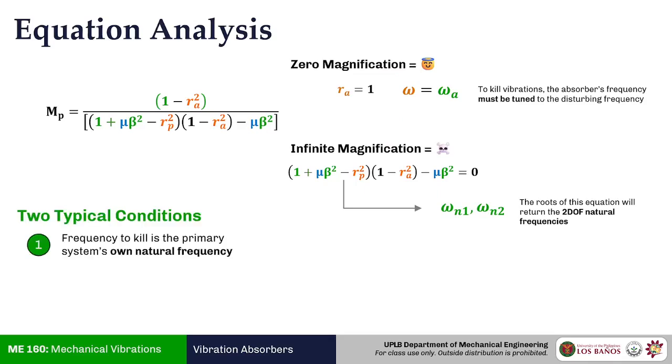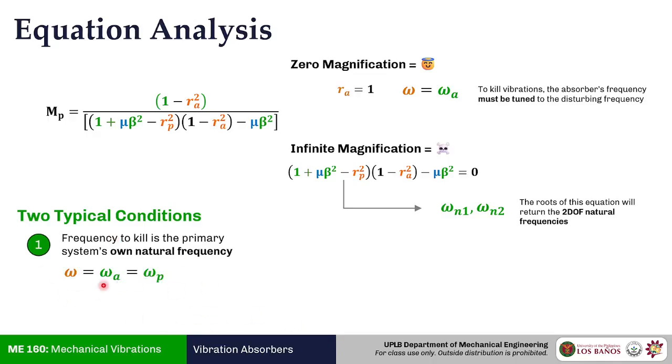So this might be the case wherein you have a structure or a mechanism that already works perfectly outside of the vibrational considerations. But because of its vibrational characteristics, the primary natural frequency is inside the operational bandwidth.